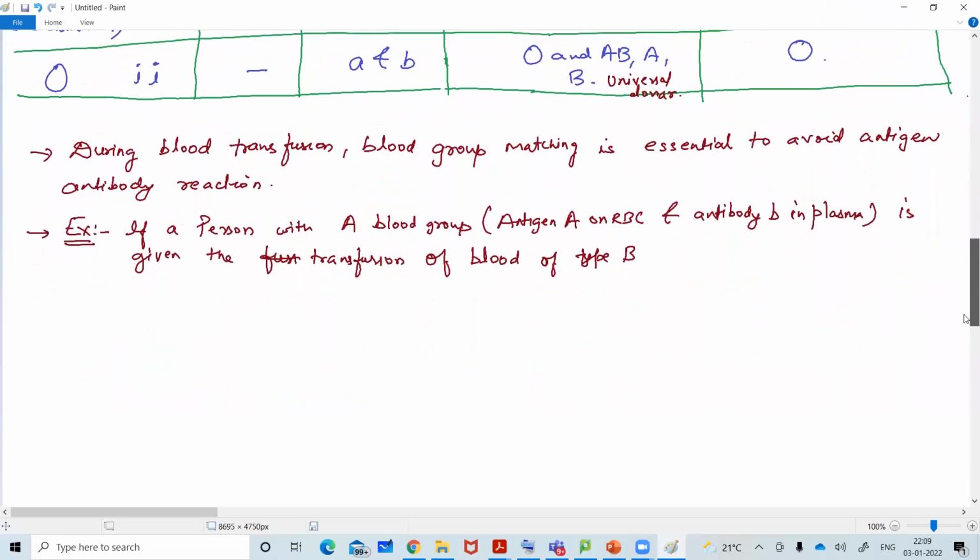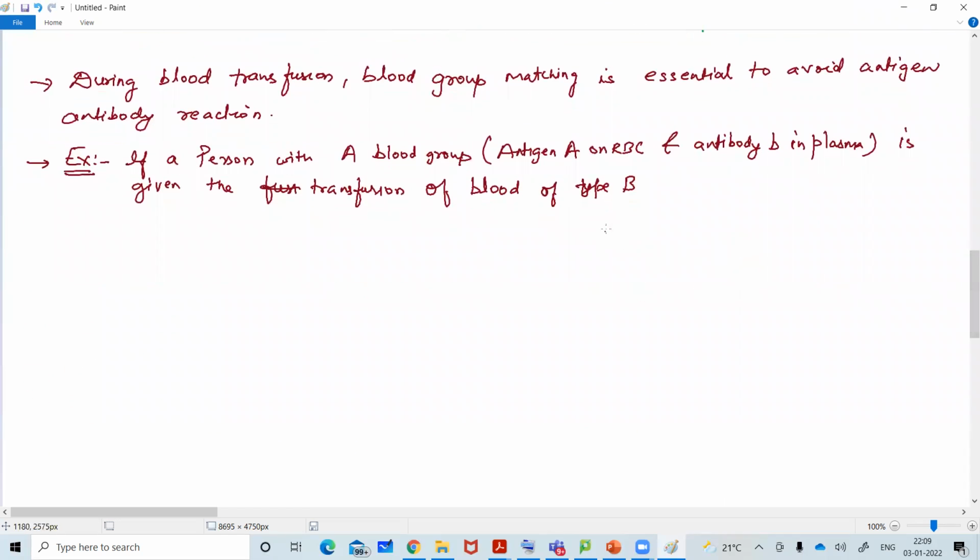B blood group is giving blood to A blood group. And in type B blood group, we know that there is antigen capital B and antibody A in plasma. Right? So what will happen? Antigen-antibody interaction will take place here.